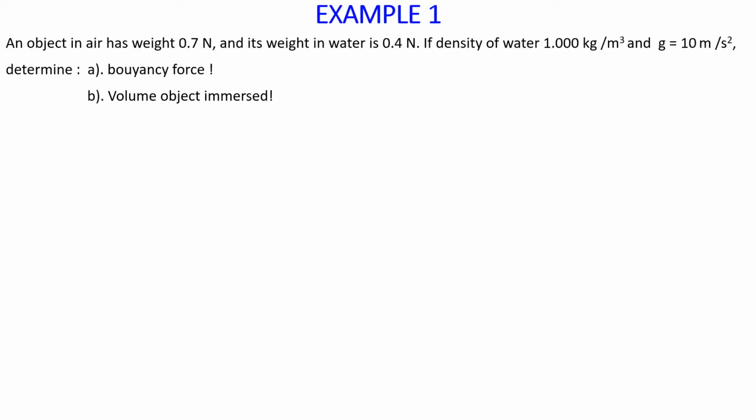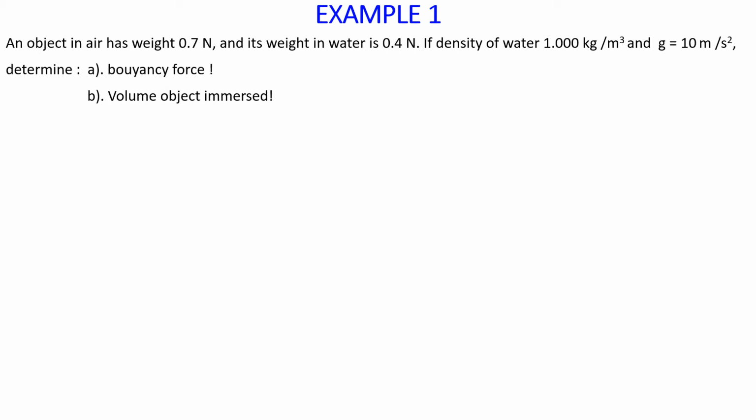To get more understanding about Archimedes' principle, let's see example 1. An object in air has a weight of 0.7 Newton and its weight in water is 0.4 Newton.